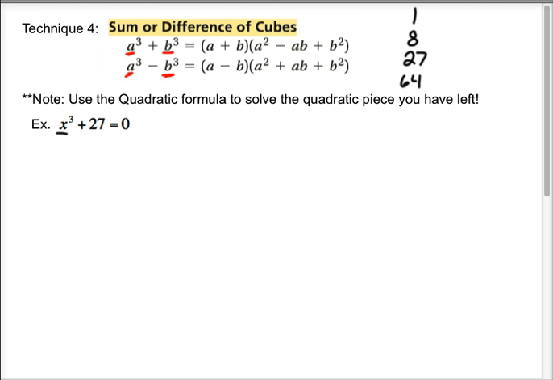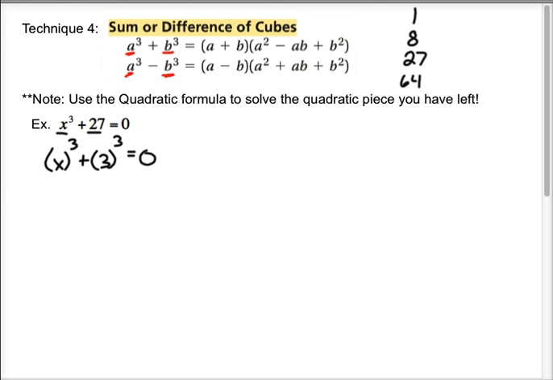So looking at this, my first example, I have two cubes, okay? Because notice, this is x cubed, and this is 3 cubed.